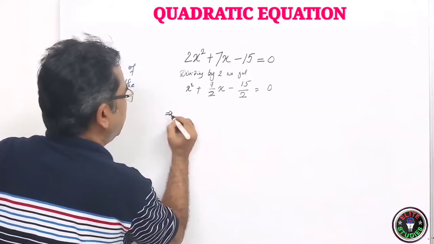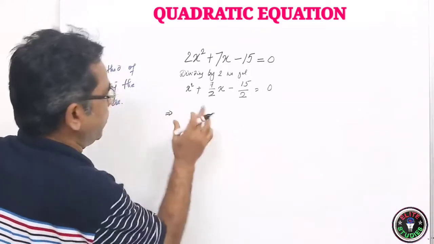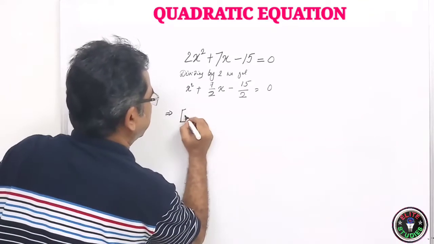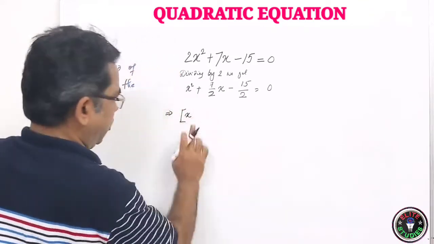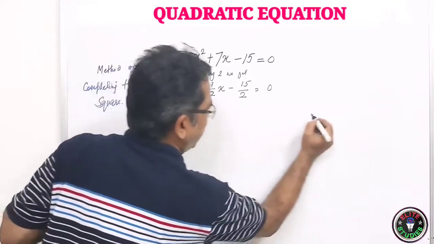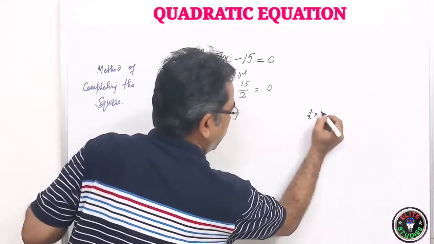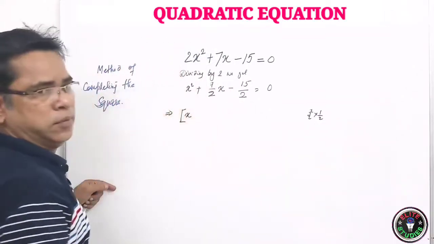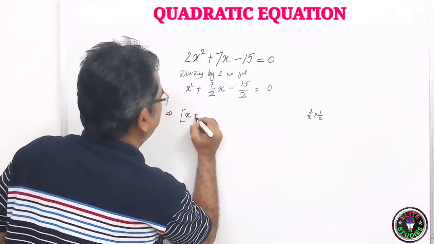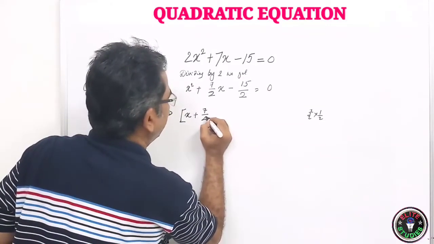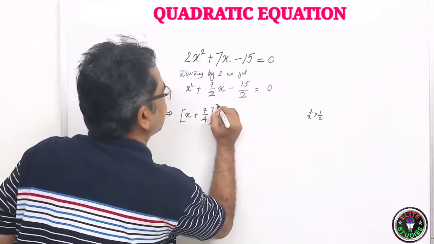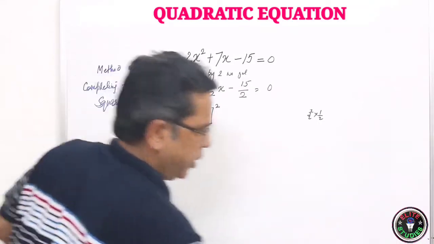Now we have to complete the square. How you are making the square, you see. First you write x. Then whatever is there, 7 by 2, you multiply with 1 by 2. It will become 7 by 4, plus 7 by 4, and simply you put the square here.